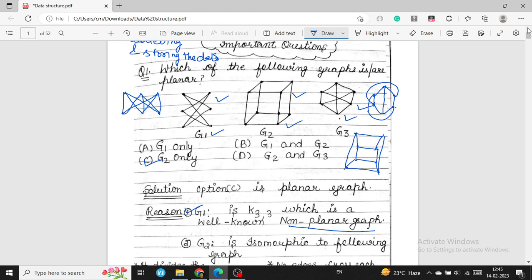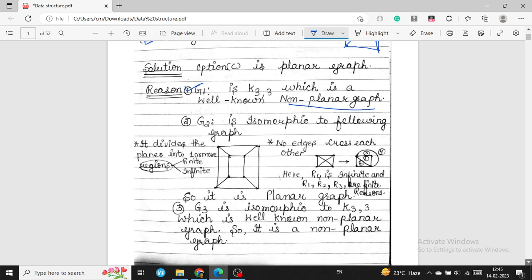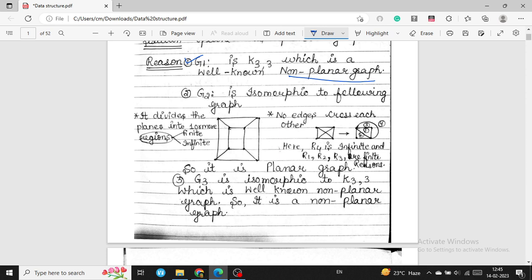So that's why this question's answer is G2. Graph 2 is a planar graph. Now I am going to discuss in detail some concepts related to it. You have to keep in mind the second graph, which is a planar graph, is also known as an isomorphic graph.